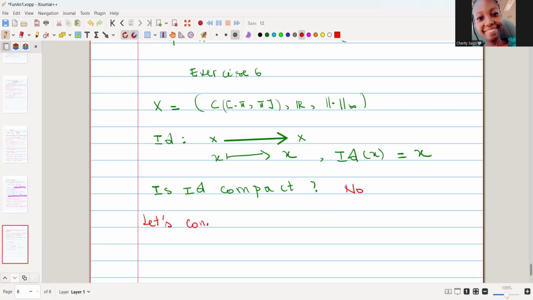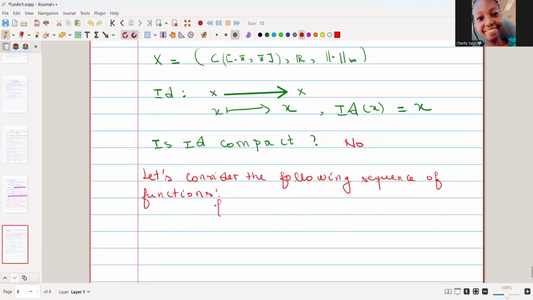Let's consider the following sequence of functions: f_n of x equal to sine of nx, defined on minus pi to pi.